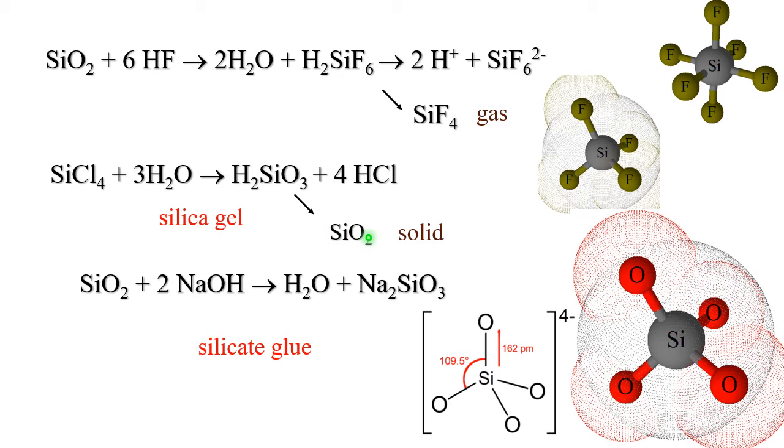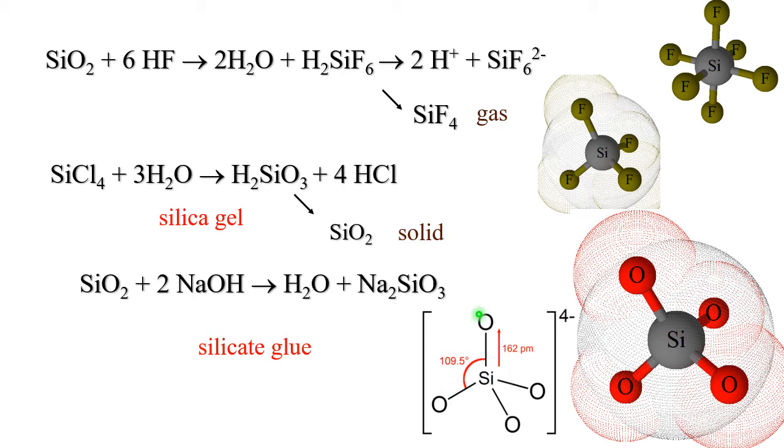In SiO2, as we have seen, the coordination number of silicon is 4; it is surrounded by 4 oxygen atoms. Silica also reacts with sodium hydroxide or with sodium carbonate to make water and different silicates.